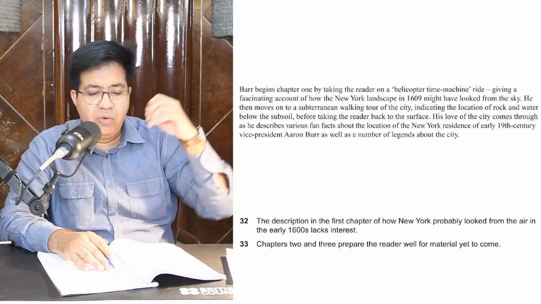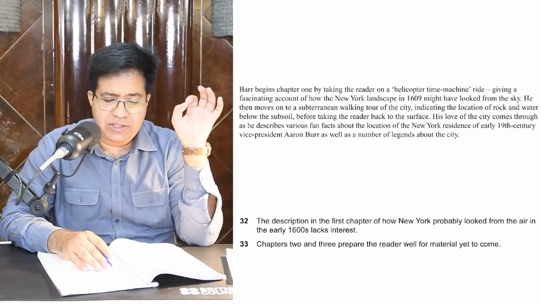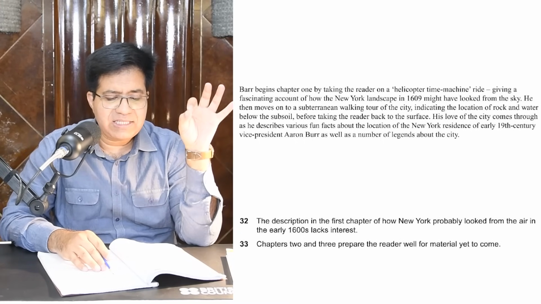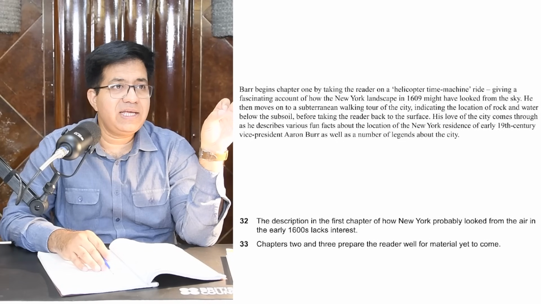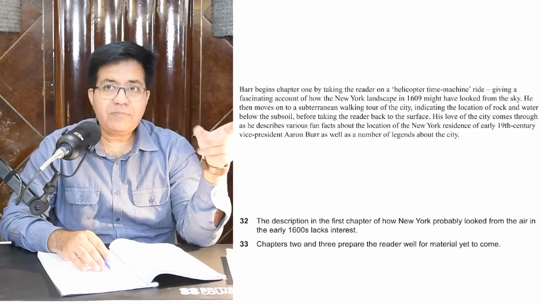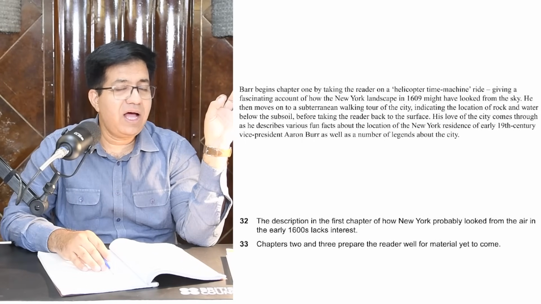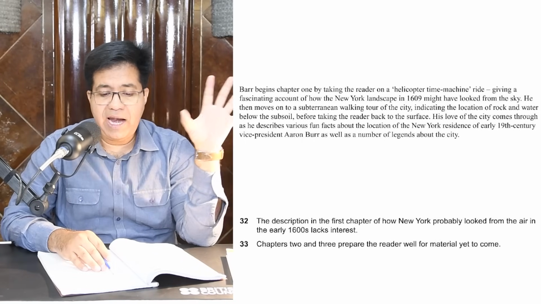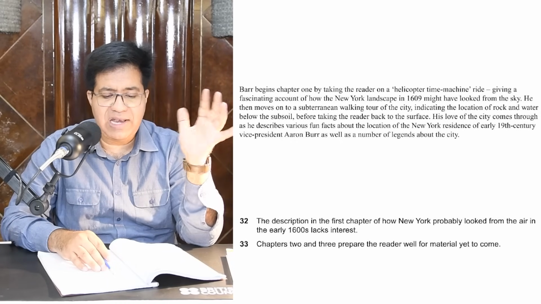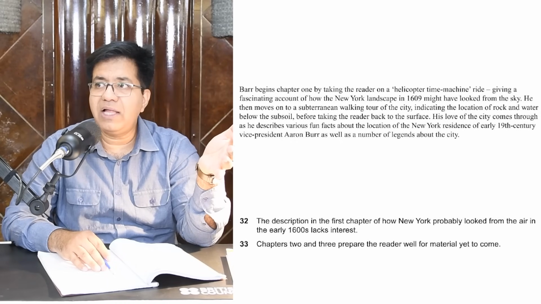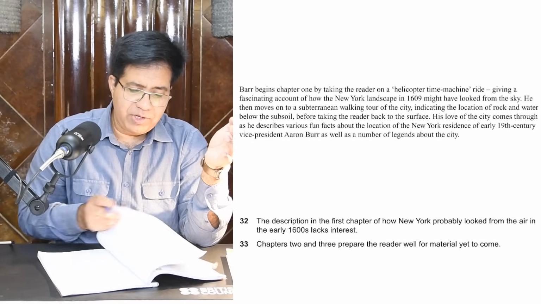Now if that description lacks interest, answer is yes. If that description is very interesting, answer is no. And if they don't tell us whether it lacks interest or not, answer is not given. Now we go back.